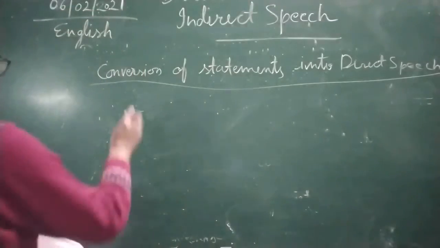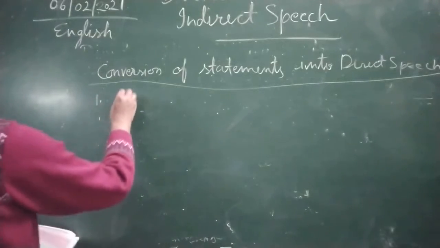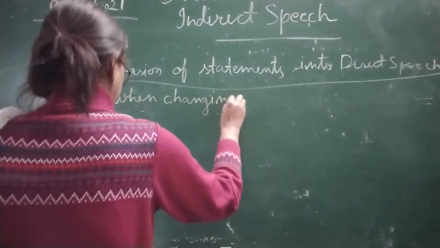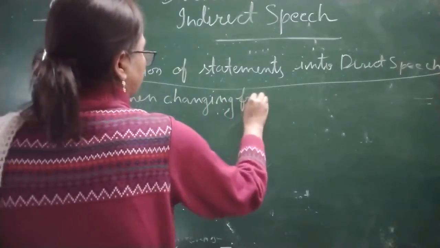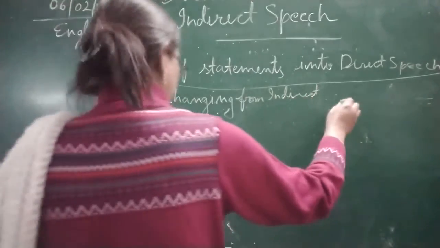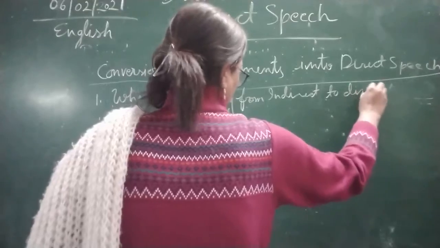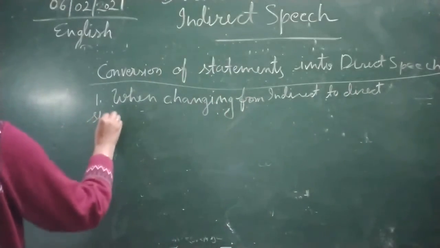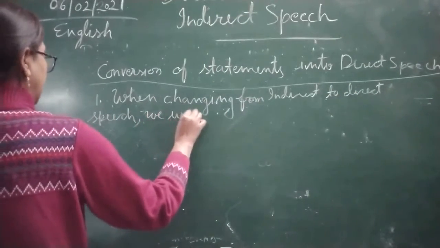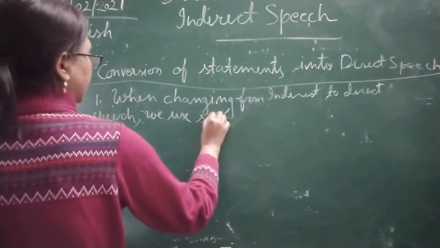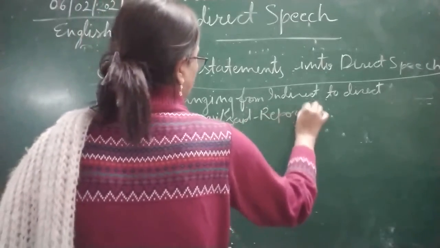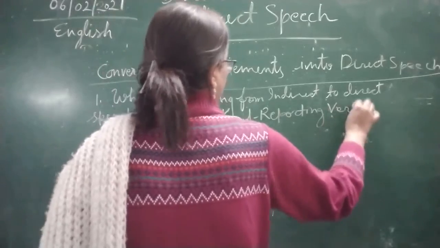So children, first thing, when changing from indirect to direct speech, we use say and said as reporting verbs, as we have discussed.